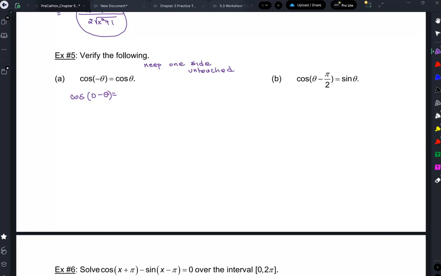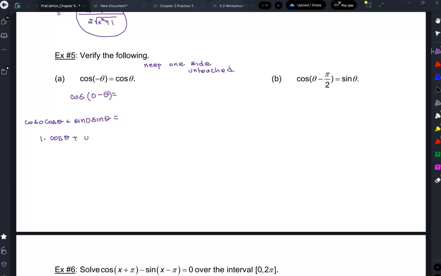So now all of a sudden this is a difference of cosines. So it's cosine, cosine, sine, sine. Here we go. Cosine 0 cosine theta plus sine 0 sine theta. Now cosine of 0 is 1, times cosine theta.